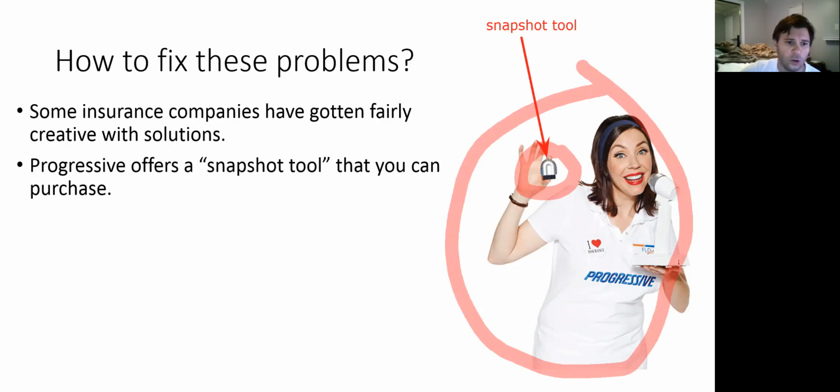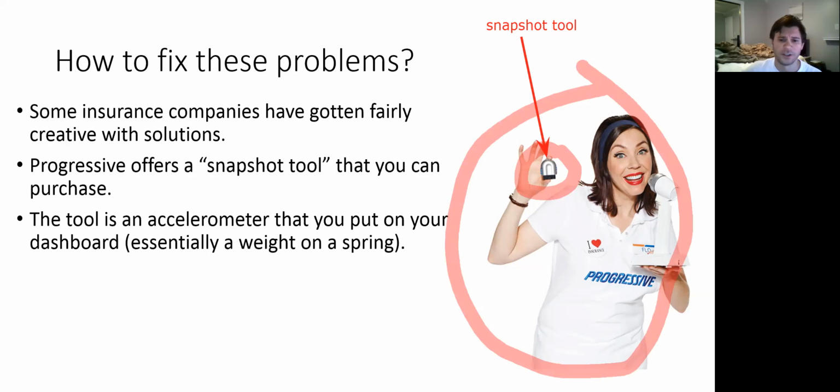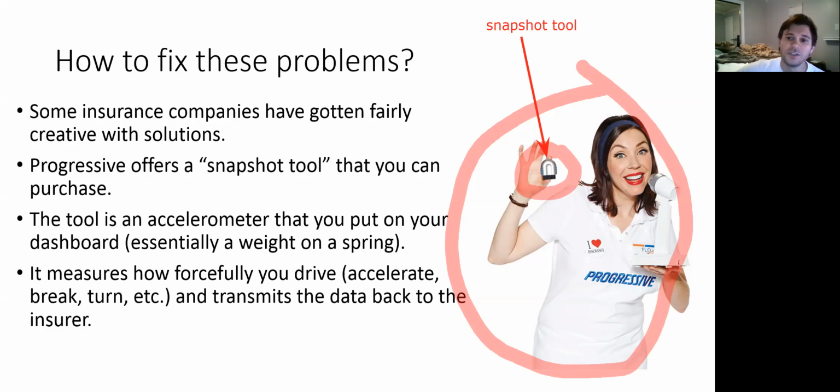And the tool essentially is a type of accelerometer, which is essentially a device with a little weight at the end of a spring. And the more forcefully you drive your car around, if you're taking turns at high speeds, slamming on the brakes, accelerating really rapidly, that weight is going to pull on that spring a little bit more. And what this device does is it uses this accelerometer to measure how forcefully you drive and transmit that data back to the insurance company.